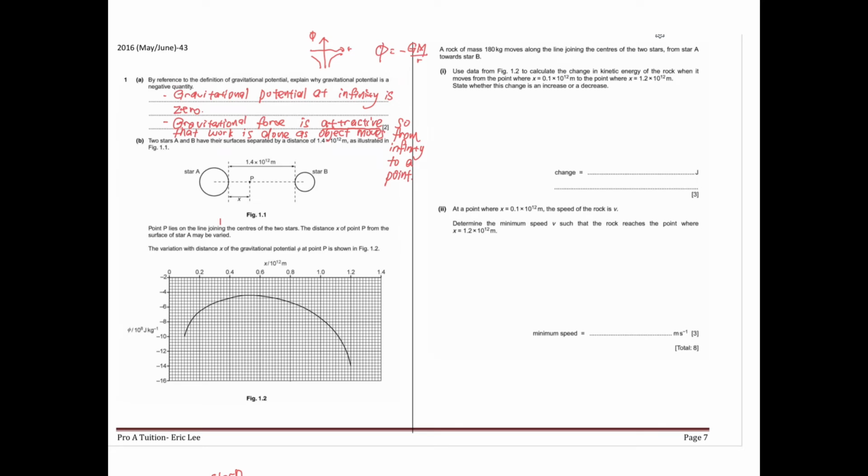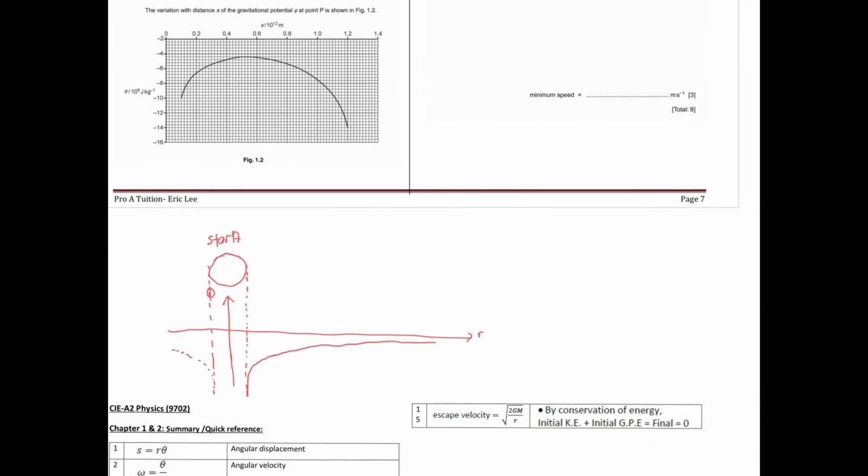On star B, let's say star B is somewhere over here, a smaller star.